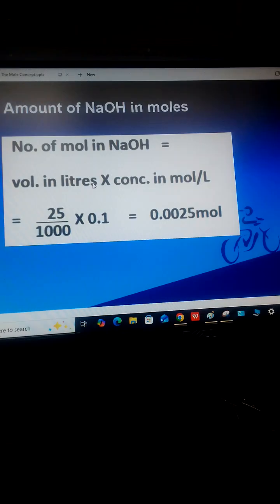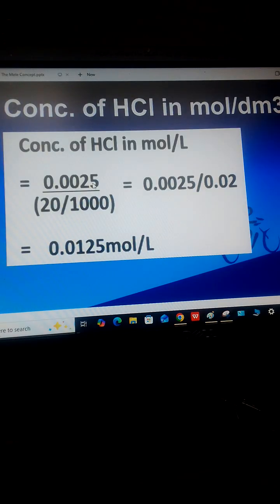So these moles divided by 20 over 1,000. You will get 0.0025 divided by 0.02, which is 0.125 moles per liter. This is the concentration of hydrochloric acid in moles per liter, or the molarity of hydrochloric acid.